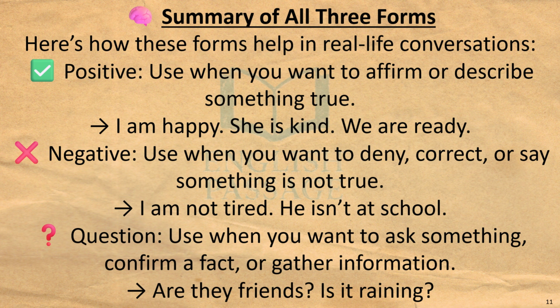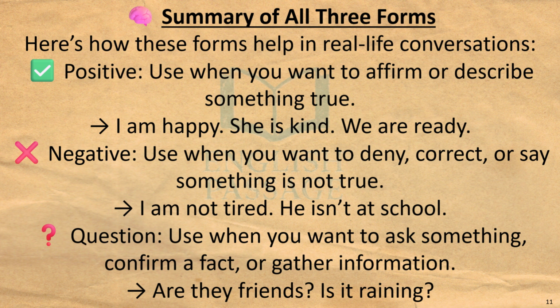Summary of all three forms. Here's how these forms help in real-life conversations. Positive: use when you want to affirm or describe something true. I am happy. She is kind. We are ready. Negative: use when you want to deny, correct, or say something is not true. I am not tired.